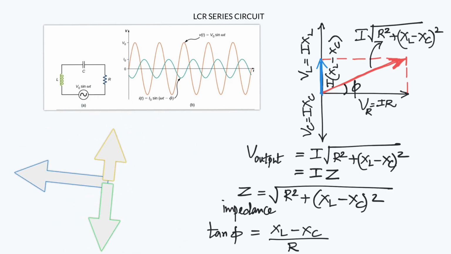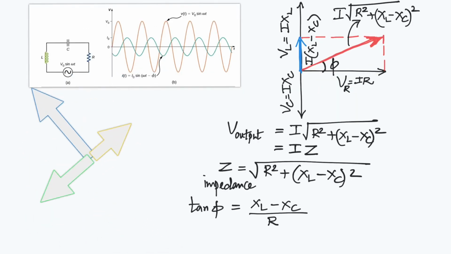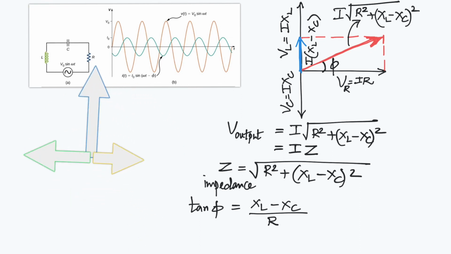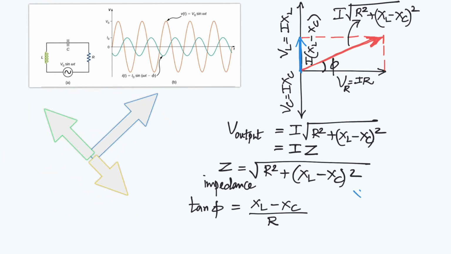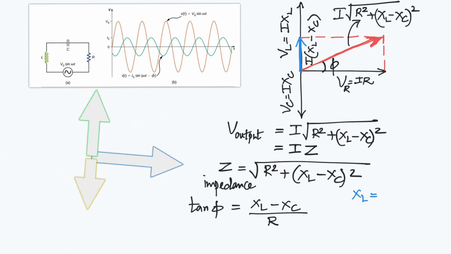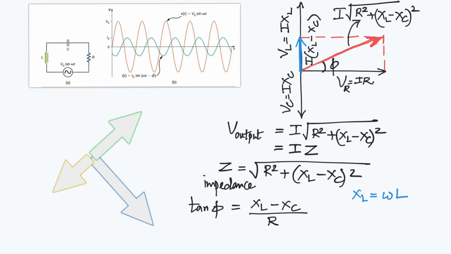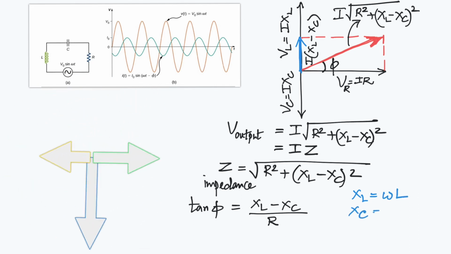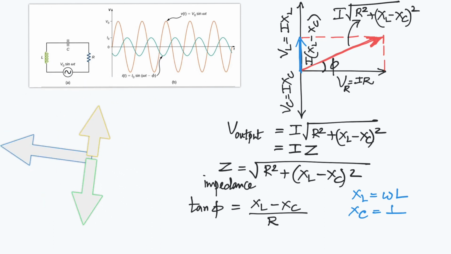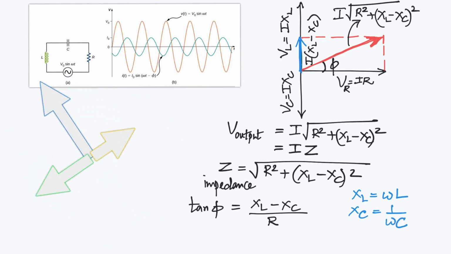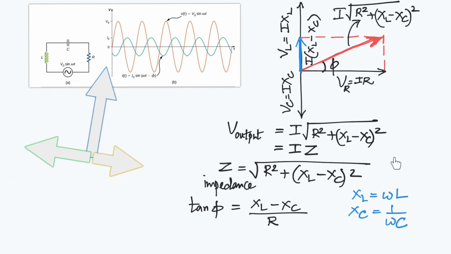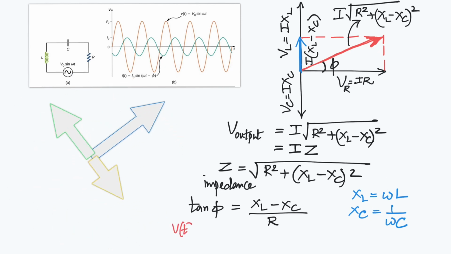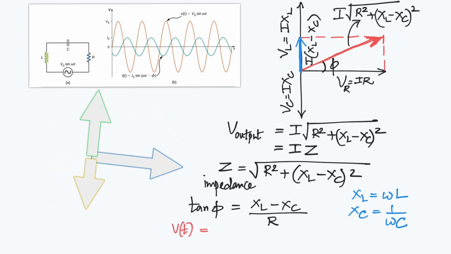And so tan phi is (XL minus XC) by R. So that's how we find the angle. Remember that XL is omega times L, and XC is 1 by omega C. And both of these quantities are measured in ohms. They are called reactances, and their unit is ohms.